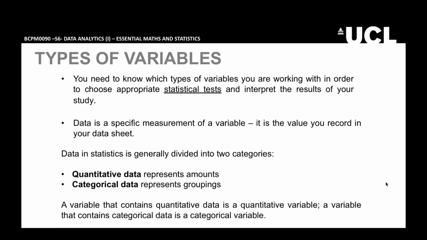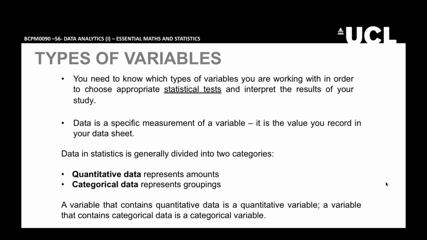Before going further with descriptive statistics, it's important that we understand the different types of variables that we can use in statistics. We need to know which types of variables we are going to use in order to choose the appropriate statistical test and to read the results of our study correctly. In general terms, data is a specific measurement of a variable, and this is the value that you record in your data set.